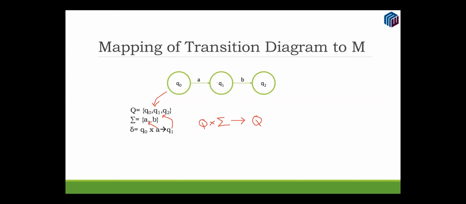In the same way for Q1 also: Q1 on b moves to the state Q2.